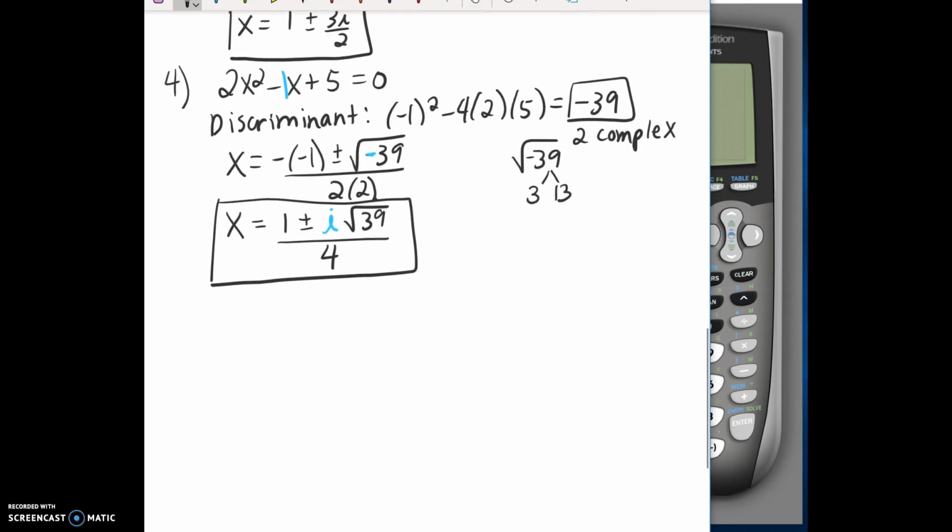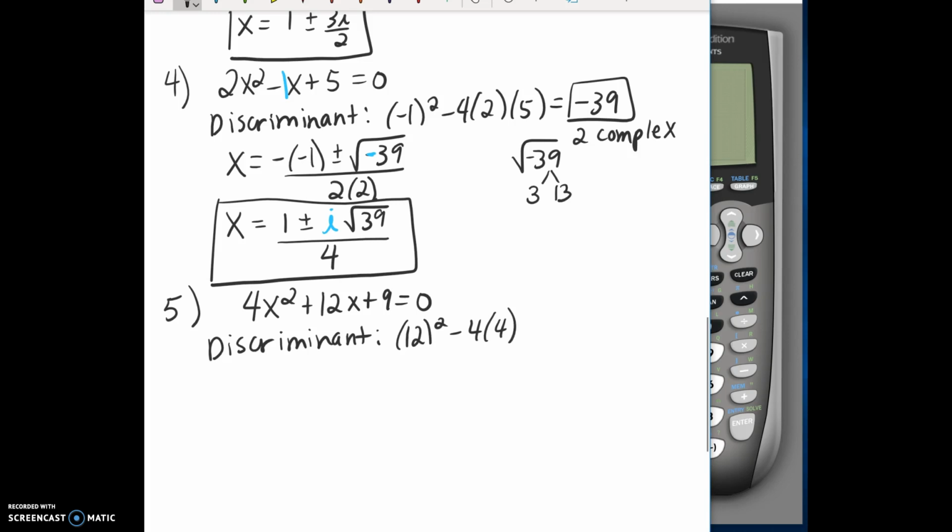And then the last example probably isn't one that you would necessarily want to do with the quadratic formula, if you were to realize the kind of factoring you would do with it. So we're going to do 12 squared minus 4 times 4 times 9 to get our discriminant.